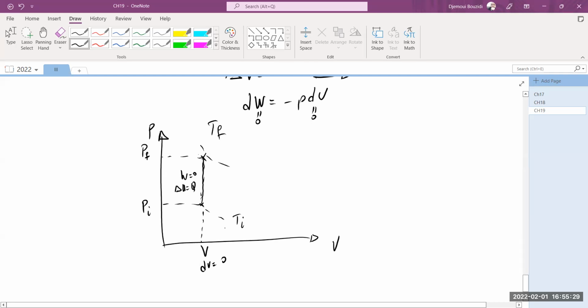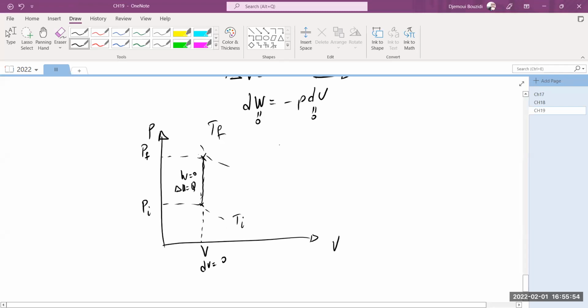That means you heated the system at constant volume. This is exactly how the pressure cooker works. You first of all fix the volume and then you turn on the heat. And the heat is going to result in an increase in temperature in this case, and the pressure also.